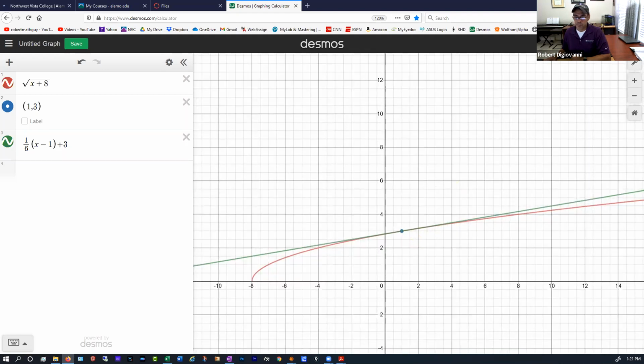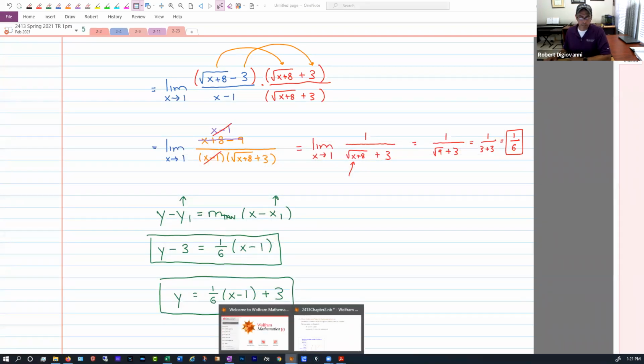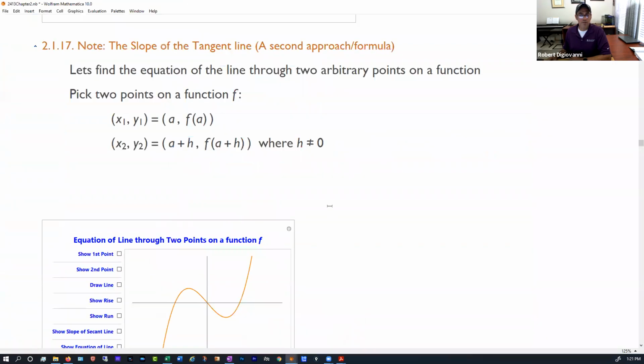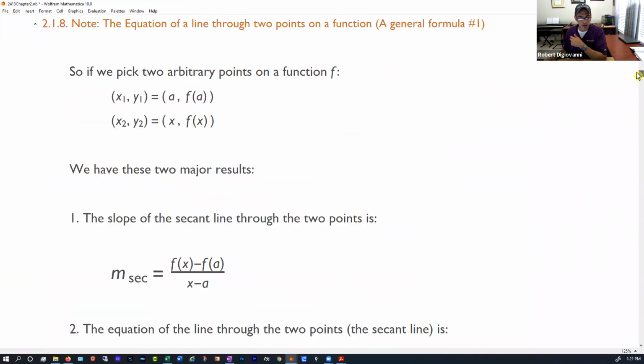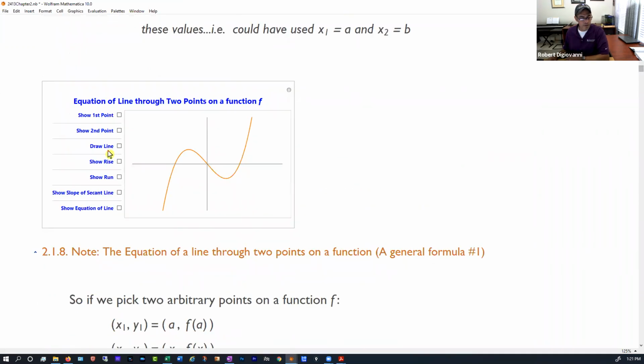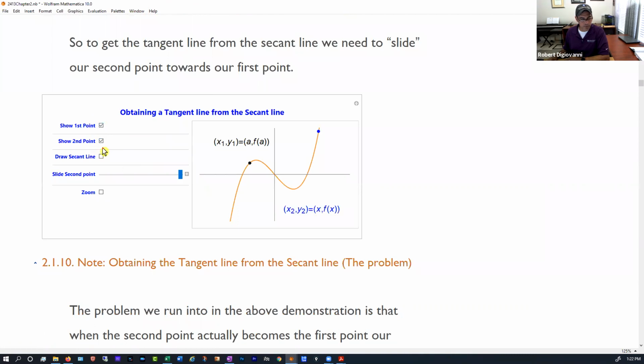Okay. All right, so what is today about then? Well, today is about giving you another formula to do this. When I first introduced you to this idea, it all came from this concept that we're going to take a graph, pick some point, pick a second point, draw a line, and then move that second point closer and closer to the first point, and that was the process of taking the limit.